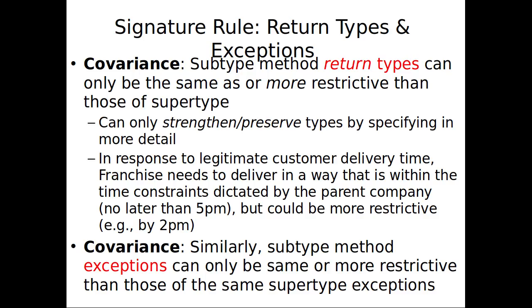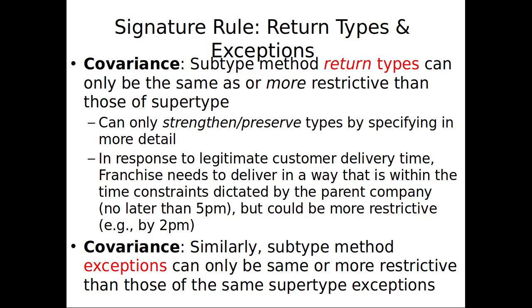the plot, ladies and gentlemen, thickens. Because if we have return types, we have the opposite type of issue, because these are about postconditions, right? So subtype method return types can only be the same or more restrictive than those of the supertype.